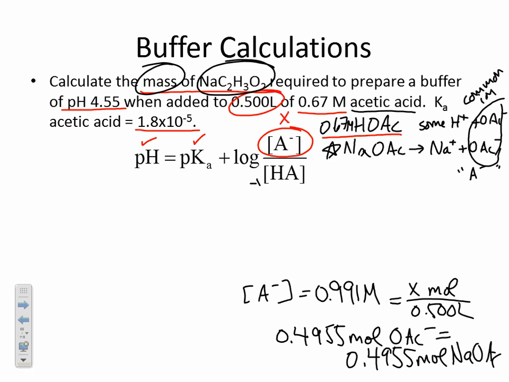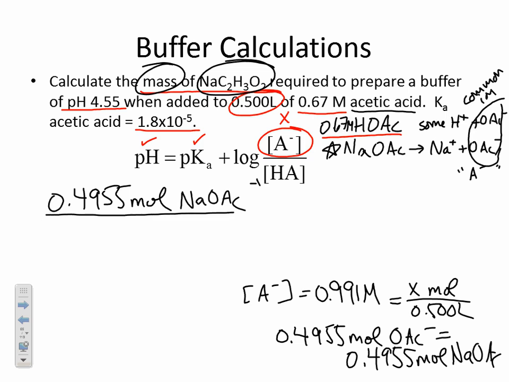From this point on, you should be realizing what you need to do for the final step. We want mass: 0.4955 moles of sodium acetate. I am using the abbreviation here, but you get the GFM of sodium acetate from the real formula, which is 82 grams per mole.